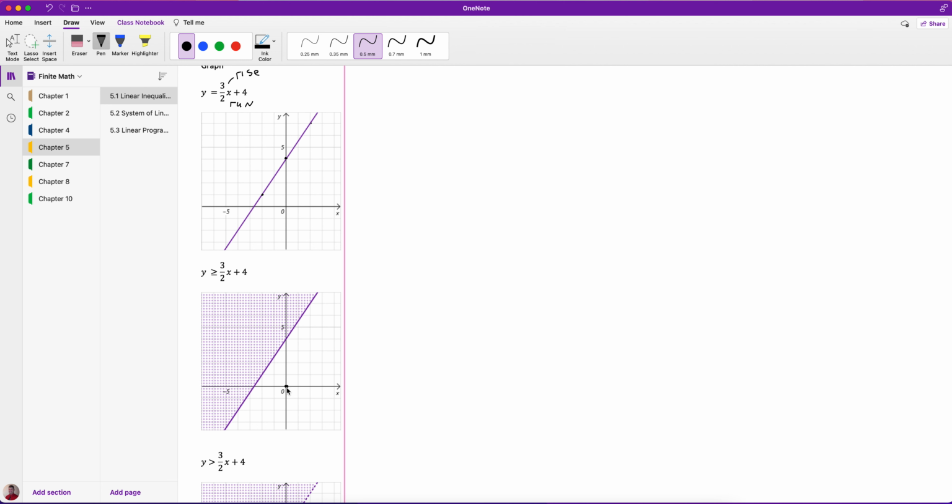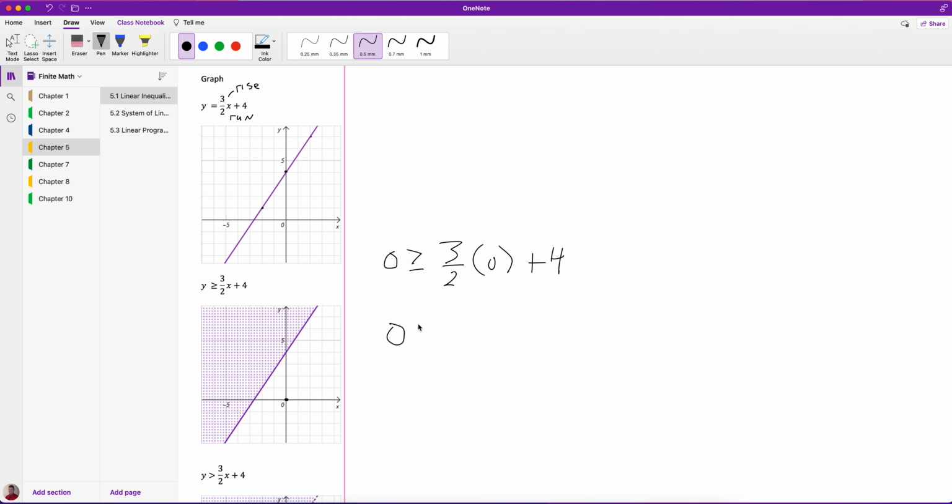If I put in 0 for x, I get 3/2 times 0 plus 4, and y has to be 0, so I put 0 and my inequality in there. 3/2 times 0 is 0, and then 0 plus 4 is 4. So I get 0 is greater than or equal to 4, which is not true. So I know that's not the proper shaded region.